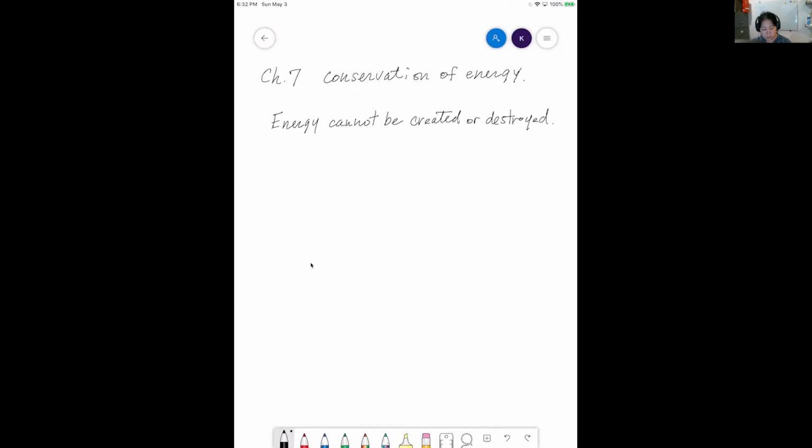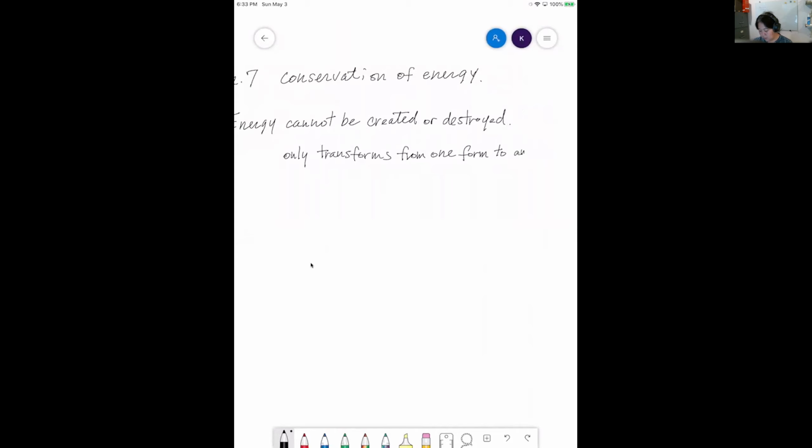It just transforms from one form to another, from one type of energy to another. So the total energy that exists in the universe stays the same.